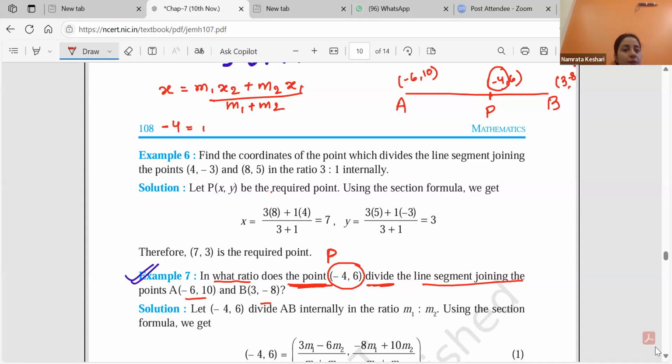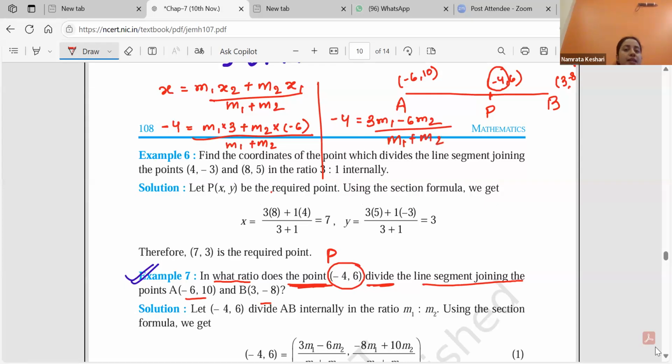You don't know m1. x2 you know, that is 3, so m1 into 3, plus m2, which you don't know, just keep it as m2. x1 you know, that is negative 6, over m1 plus m2, which you just have to calculate. So you will simplify from here. You will get minus 4 equals 3m1 minus 6m2 by m1 plus m2.